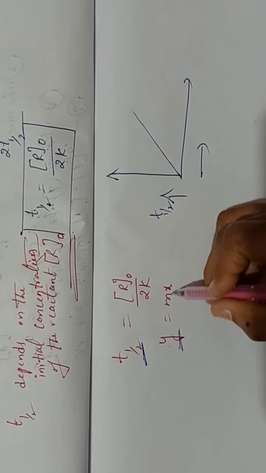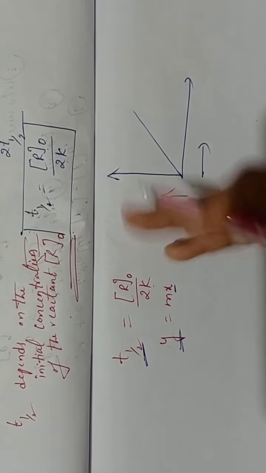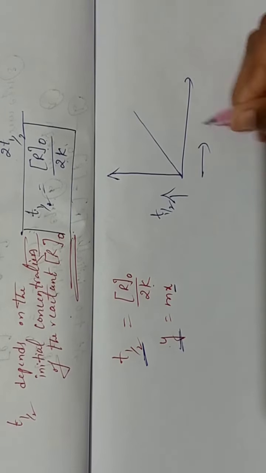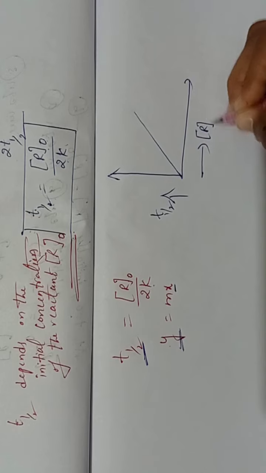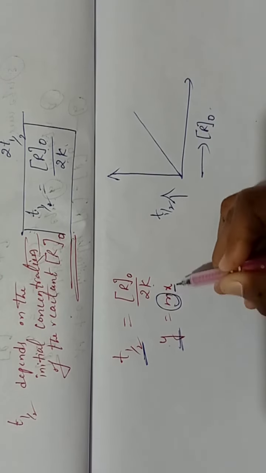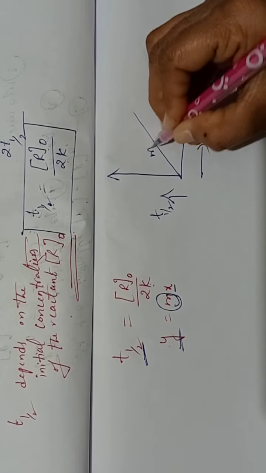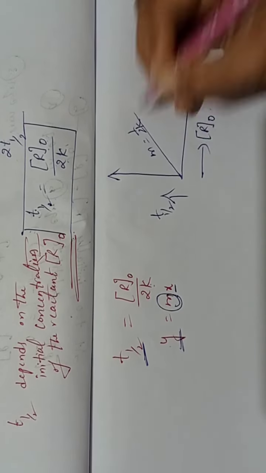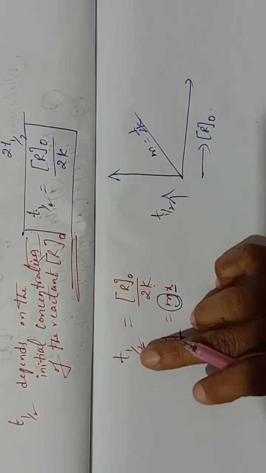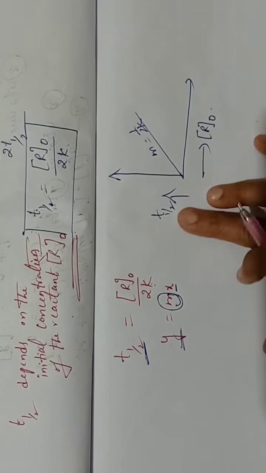Along the x-axis I am taking R naught. 1 by 2K is the constant, and R naught is variable. So T half and R naught. What is the M value, students? M is the slope, 1 by 2K. So M is equal to 1 by 2K. So this is the graph of half life between T half and R naught.